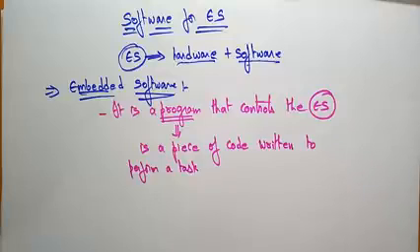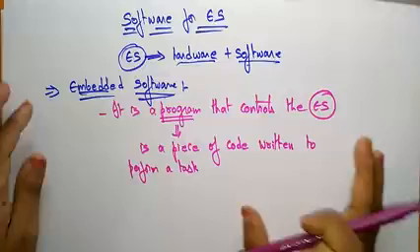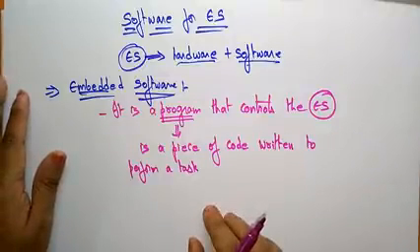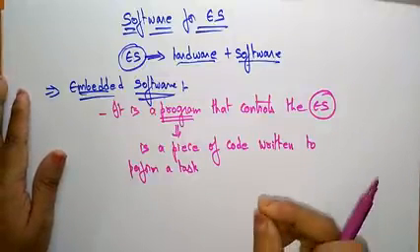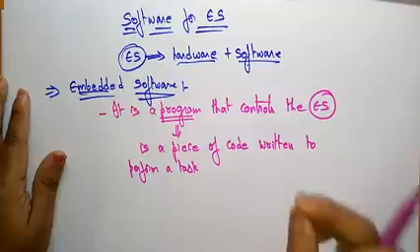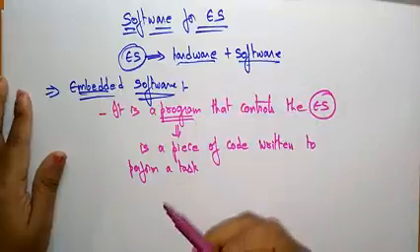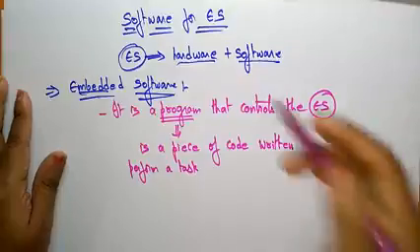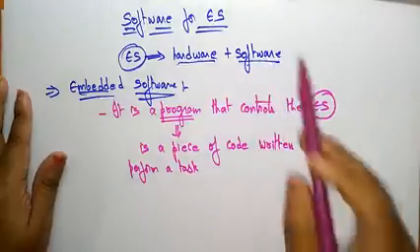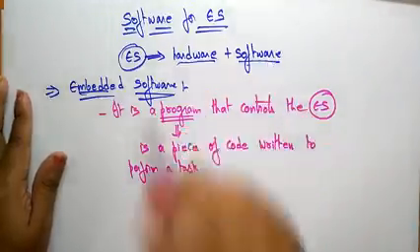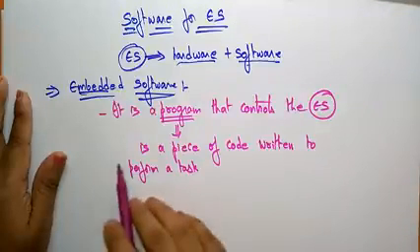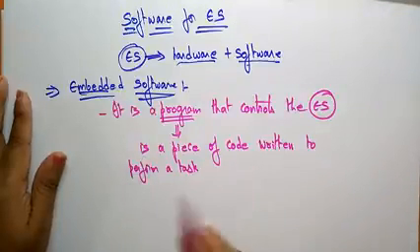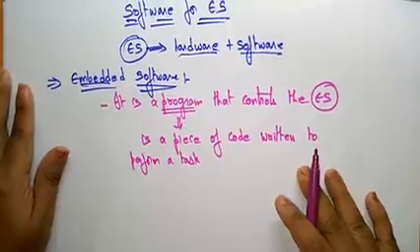It is written specifically for the particular hardware that it runs on. If you want to run that hardware, we need software. A software is a program which controls this hardware. So a program is a piece of code written to perform a particular task.